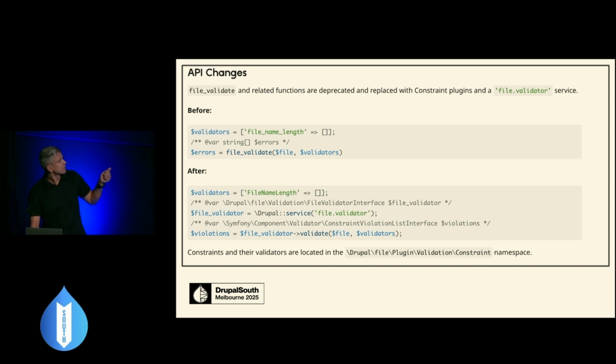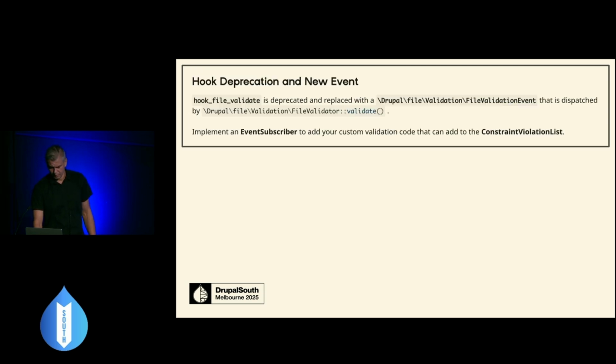So in some cases, this example would be very useful. In my case, again, I didn't know what to do with it. But below that, that's probably the most useful piece of information in the change record. It says hook file validate is deprecated and replaced with a file validation event that is dispatched through validate.